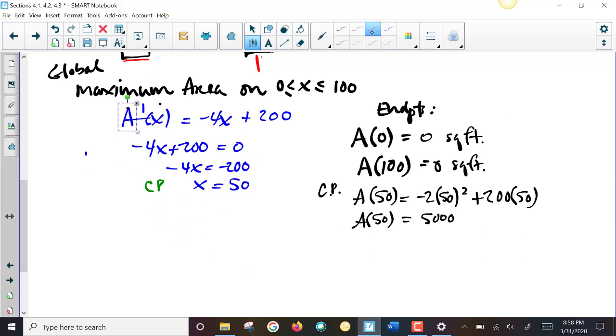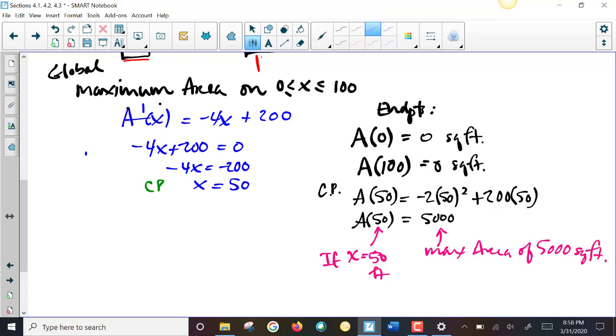This is the maximum area, which occurs at x equals 50. So if x is 50 feet, then we get a maximum area of 5,000 square feet.